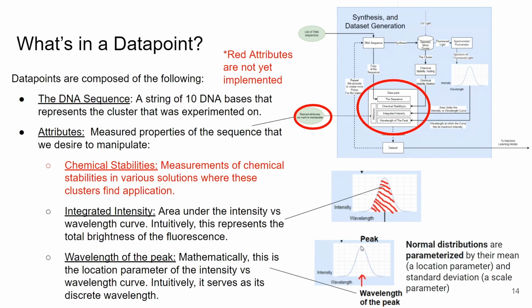Makes sense? And essentially the way that we store this information, since normal distributions are basically parameterized by a mean and a standard deviation, we literally just take the mean that this is parameterized by, right? So yeah, moving on. Any questions about what's in a data point, by the way, before we move on? Good. Okay.